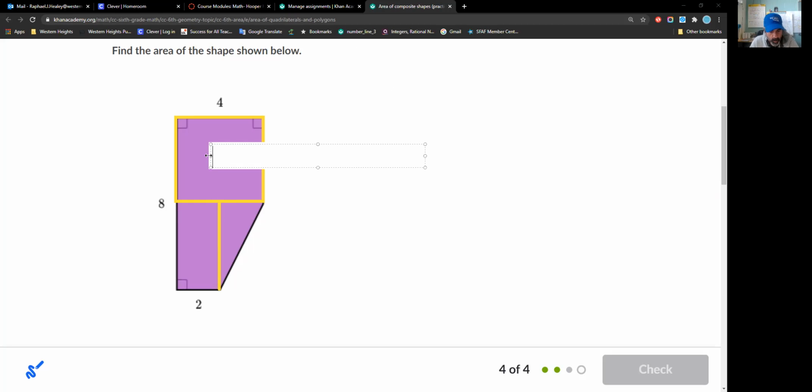We've got 1, 2, and 3. So the way it works with composite figures, these are called composite figures, is we add up the different areas.